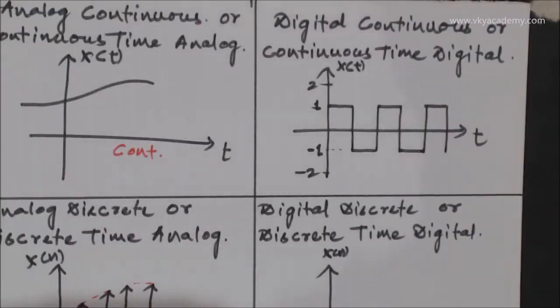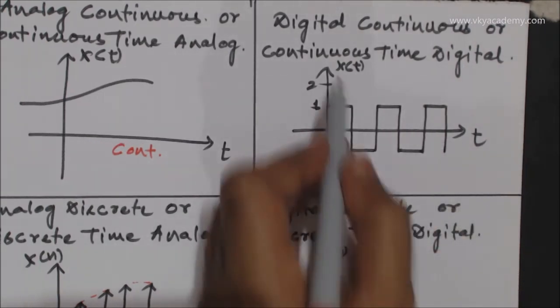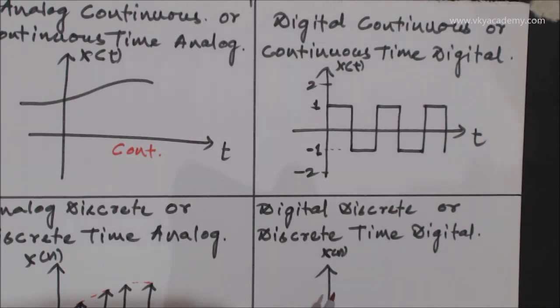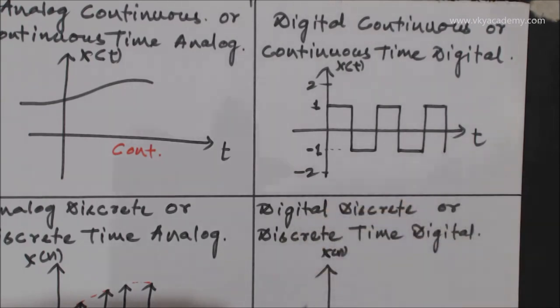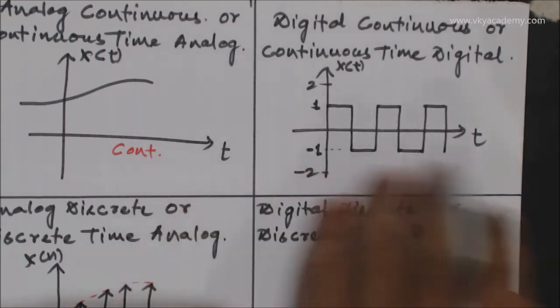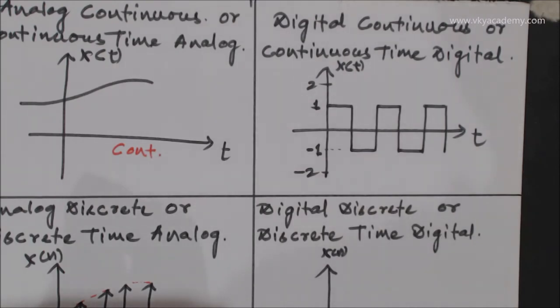So the next is digital continuous or continuous time digital signal. As you can see here, this is my time axis, this is my amplitude axis, and you can see this signal is continuous in time. The signal is continuous in domain, or you can say continuous in time.